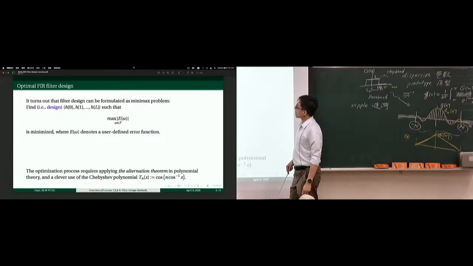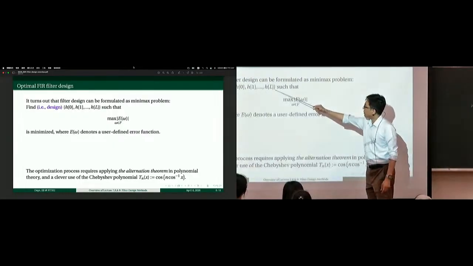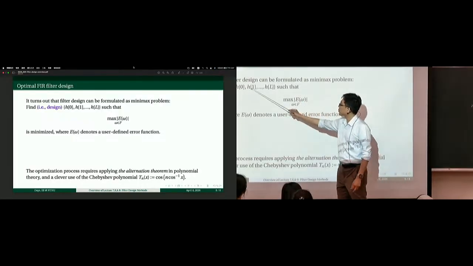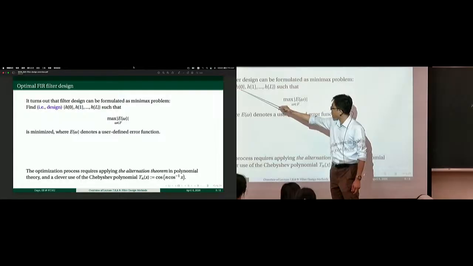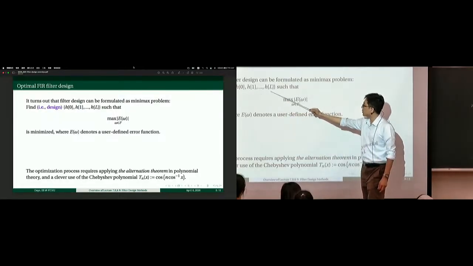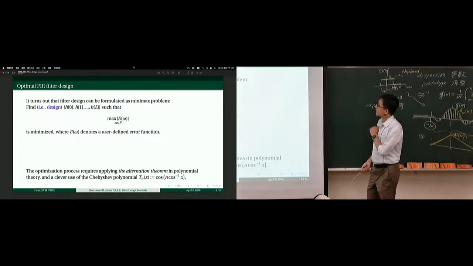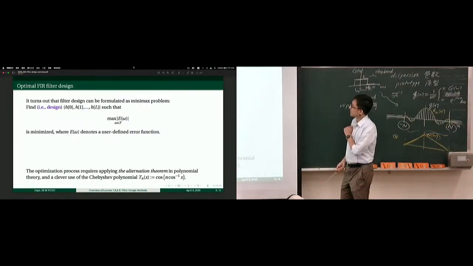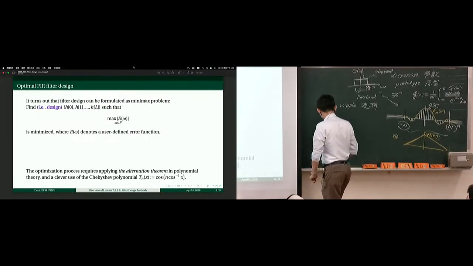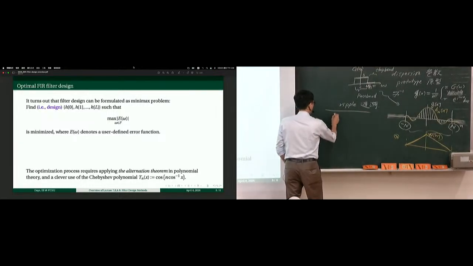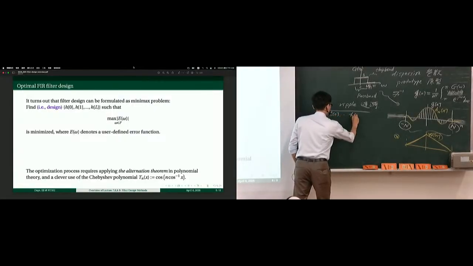Turns out that when designing a filter of length L, okay, so let's say you have a causal filter of length L. So the L plus 1 samples can be denoted as H0, H1, all the way up to H of L, right? L plus 1 samples. So now, optimal design, when we have a vector of H0 to HL.